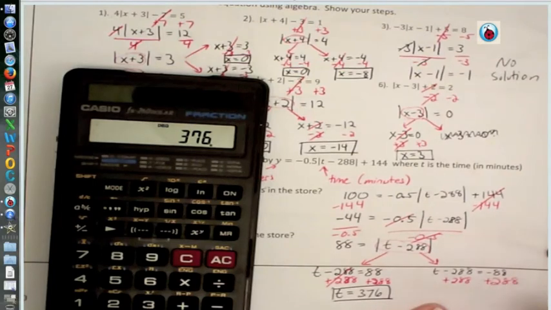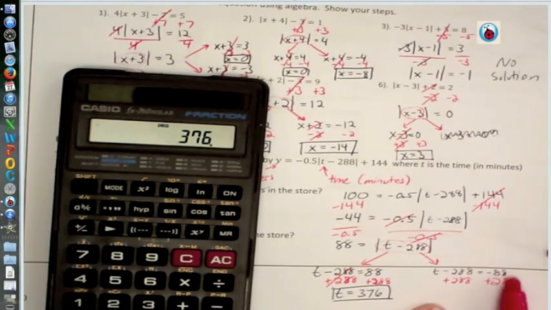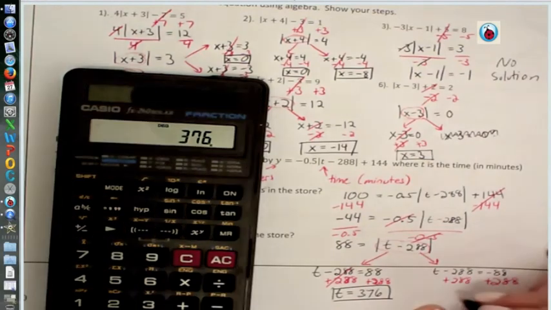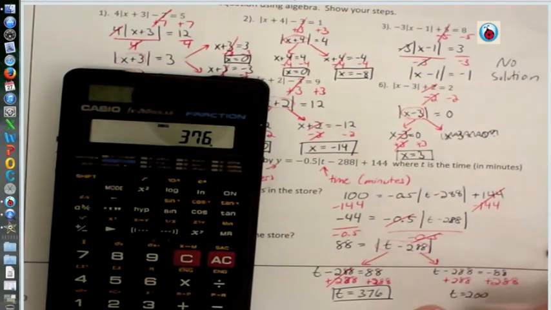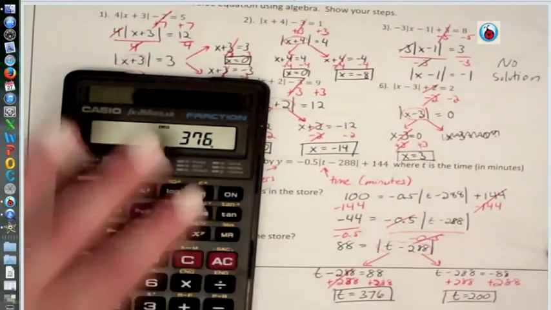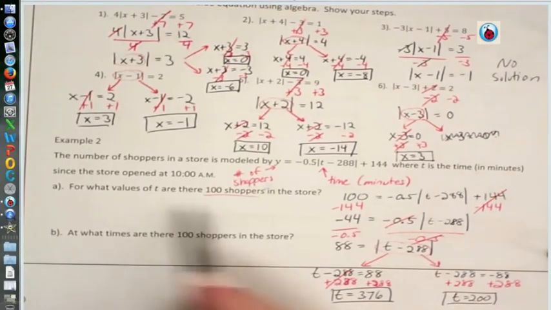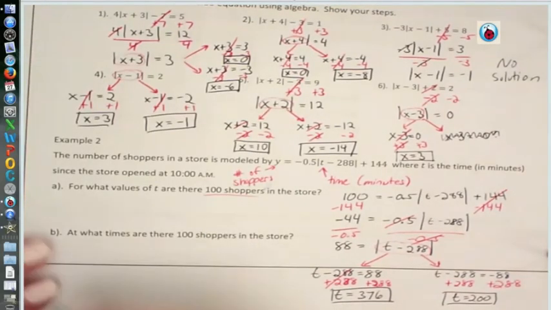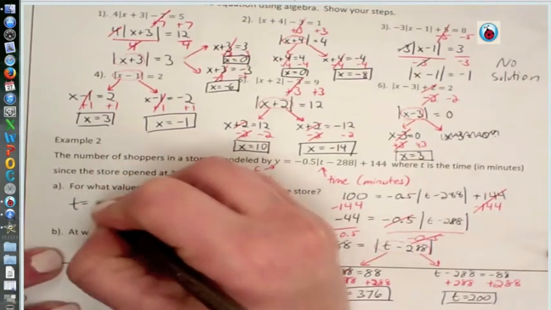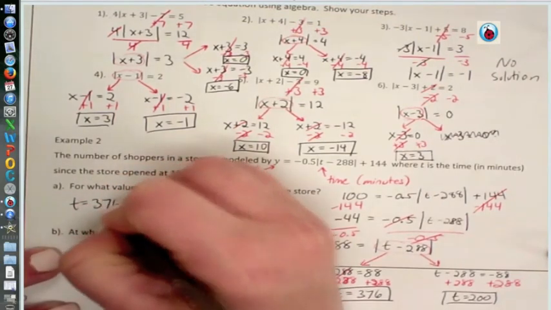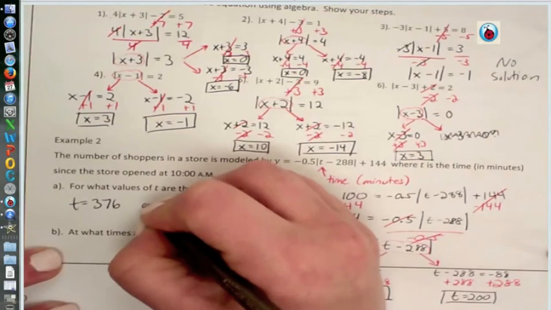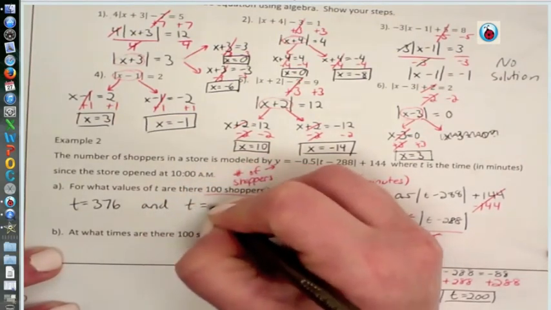I don't need a calculator for this. 288 minus 88 is 200. So for what values of t are there 100 shoppers in the store? That's t equals 376 and t equals 200.